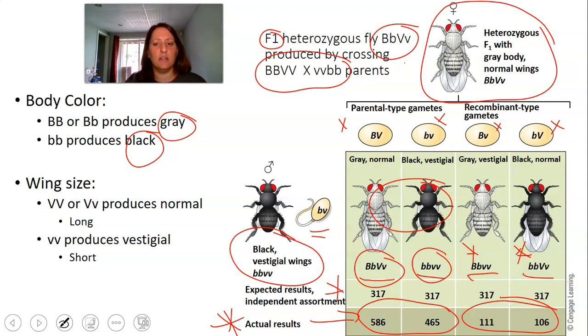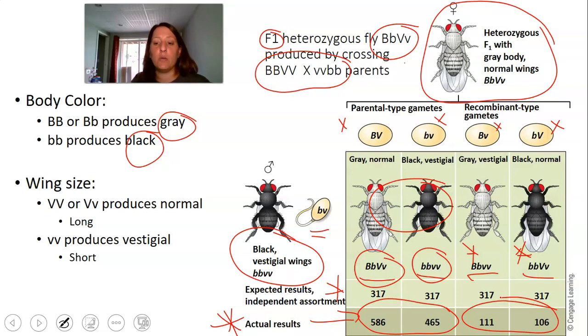What he said is that these two genes, the genes that code for color and wing size, must be linked. They must be found on the same chromosome, and therefore they don't sort independently of each other during meiosis. So then the question comes, how do you get any gray vestigial and any black normal flies?